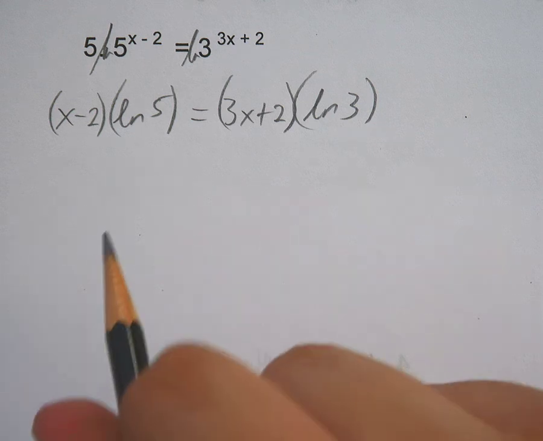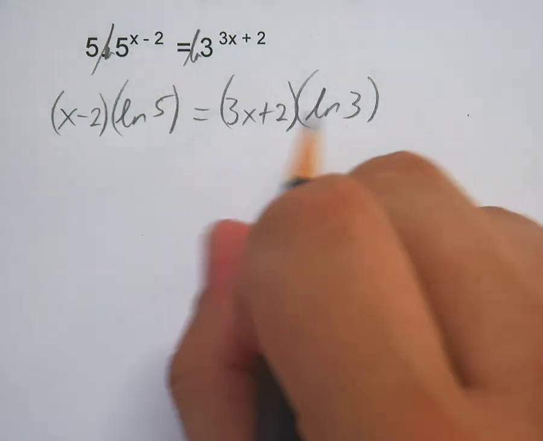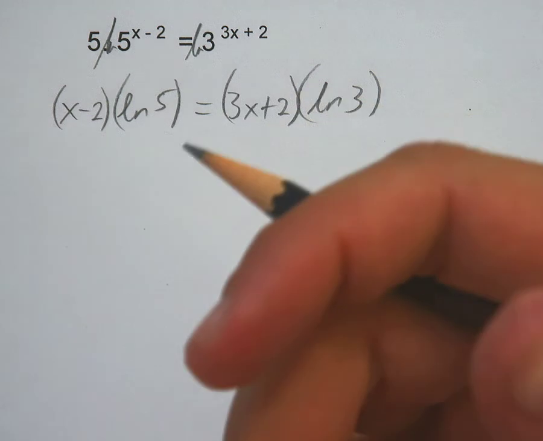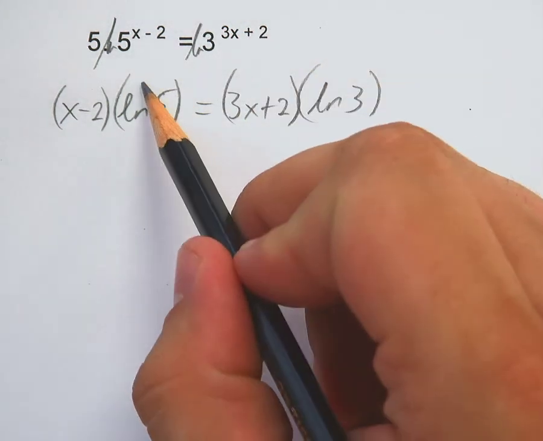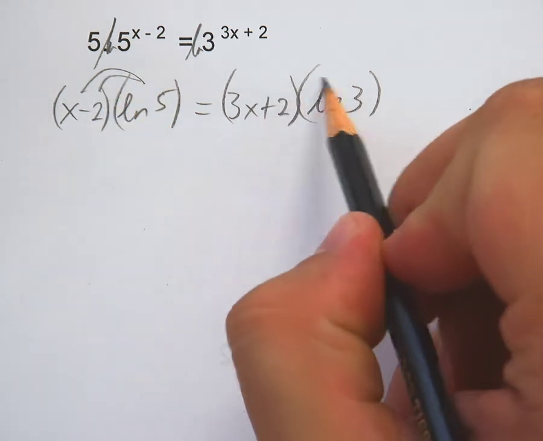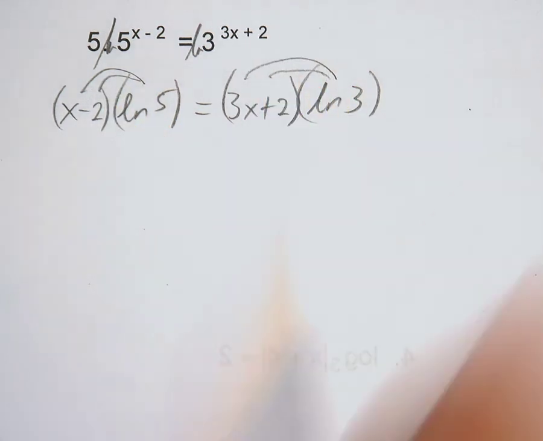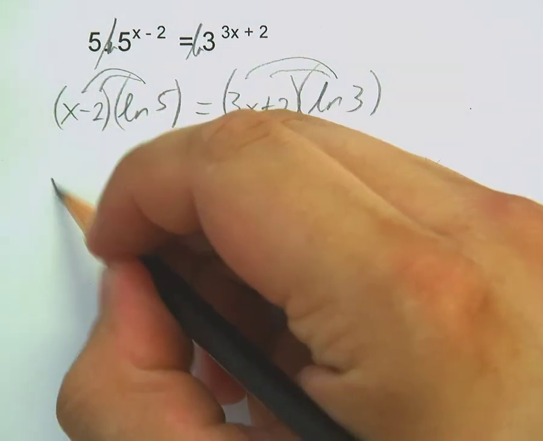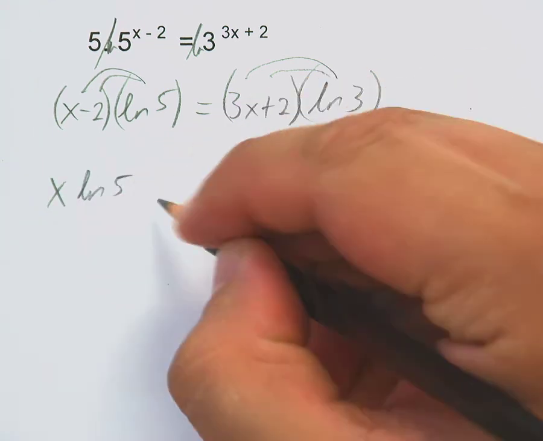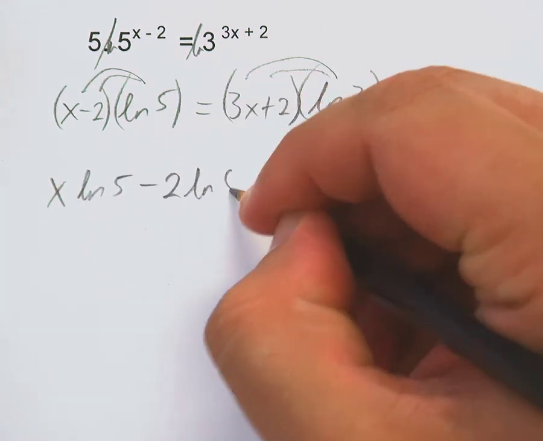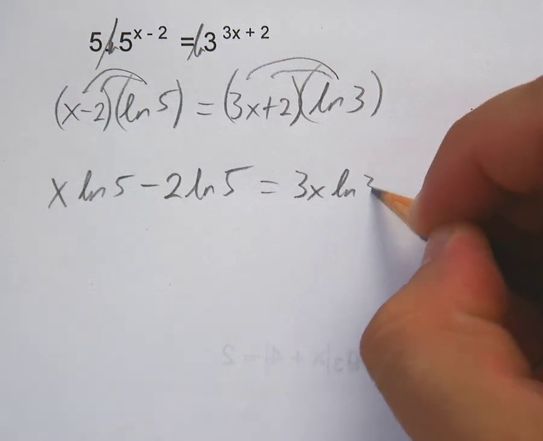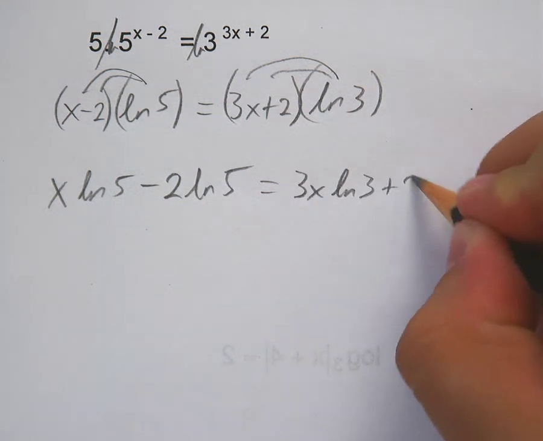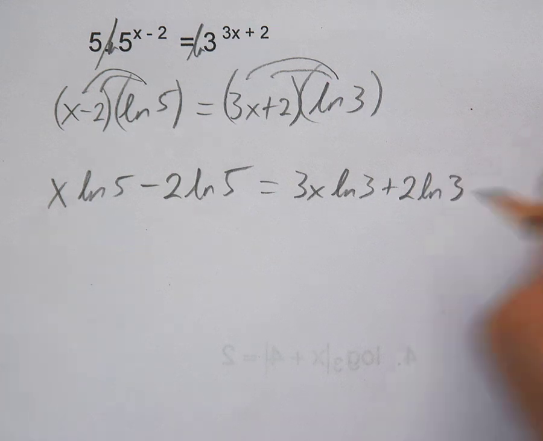Now this one is a little bit more interesting because I can't just get x by itself here, because they're kind of all over the place. So what I'm going to do is distribute this natural log 5 and this natural log 3 into these guys. So we'll have x ln 5 minus 2 ln 5 equals 3x ln 3 plus 2 ln 3. Excuse me.